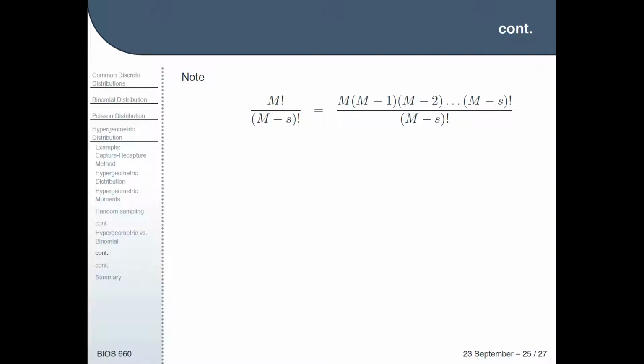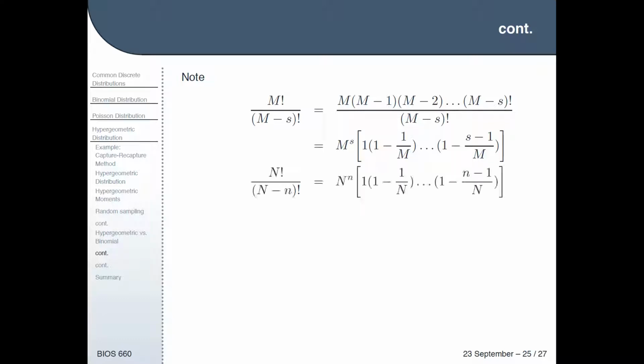Now we notice a couple of things about these expressions. That m factorial over m minus s factorial is just going to be the product of all the numbers down through m minus s plus 1 times m minus s factorial, which of course will cancel with the denominator, and if you pull an m out of everything, that will end up being m to the s power times 1 minus 1 over m times 1 minus 2 over m, up to 1 minus s minus 1 over m.